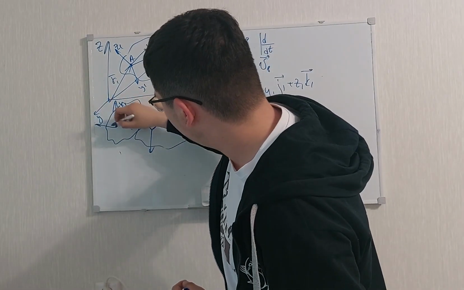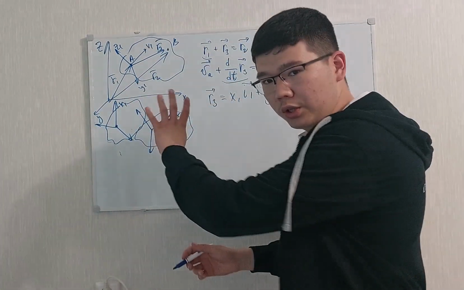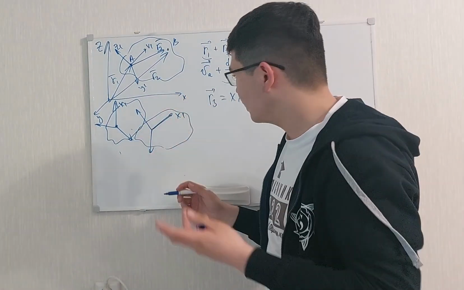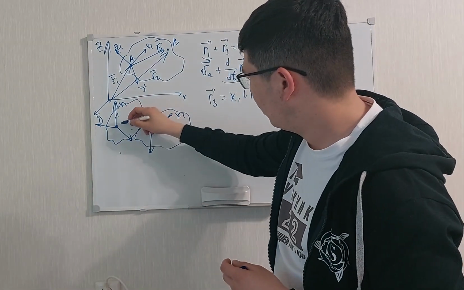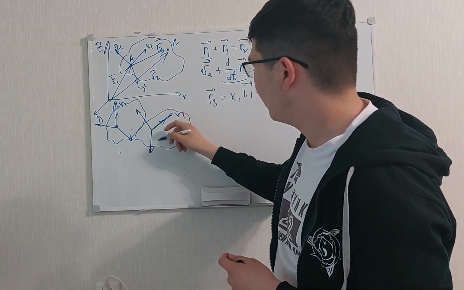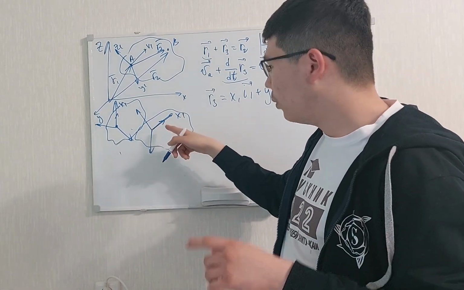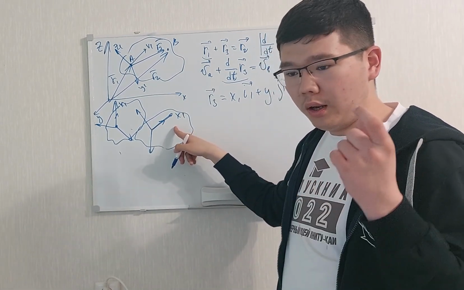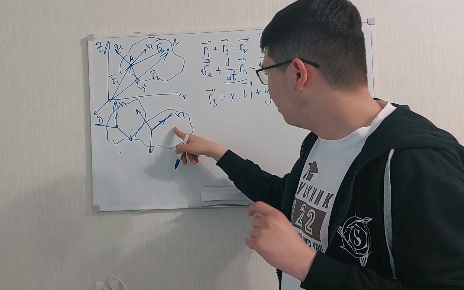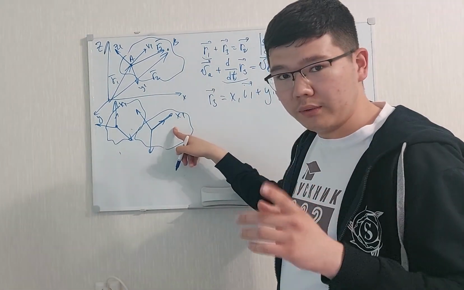So the other coordinates will also change their position. They will rotate in some way, and obviously the vectors that are the basis of our coordinate system will change. Their modulus won't change, their value won't change, but the direction of those vectors will change.